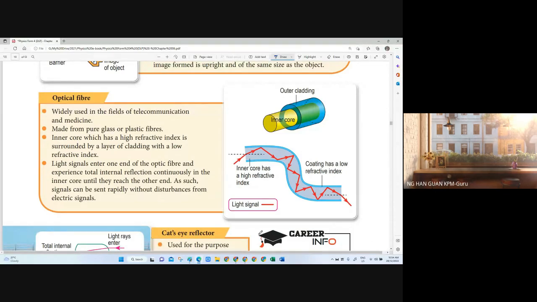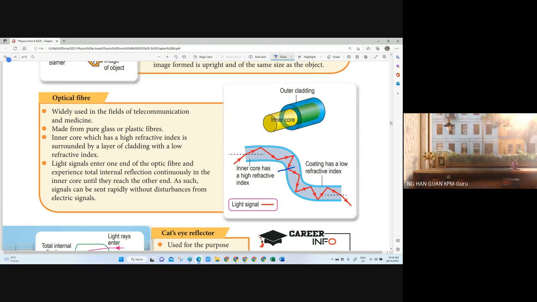Right, so this two-layer glass is to ensure that total internal reflection will occur more easily, to ensure no signal can penetrate out accidentally due to a sudden change when we bend the optical fiber at a certain angle.